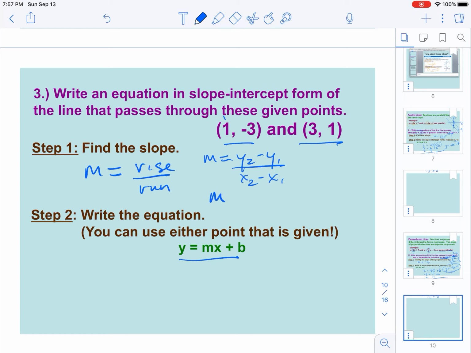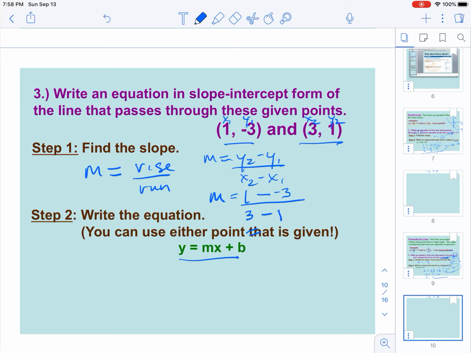So we're going to find out, and let's just call this x1, y1, x2, y2. Sometimes it's good for you to label it just so you don't get things mixed up. So I'm going to take this 1 minus a negative 3, y2 minus y1, and I'm going to put that over x2 minus x1, which is 3 minus 1.